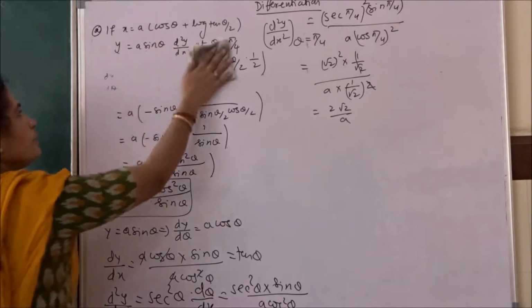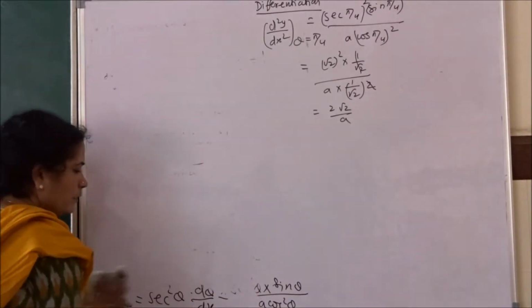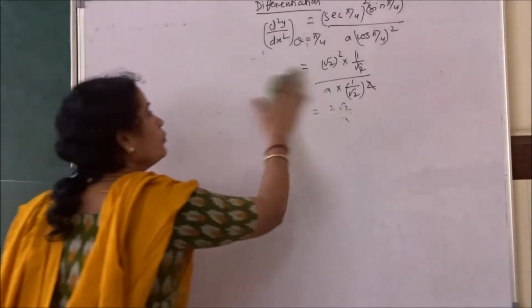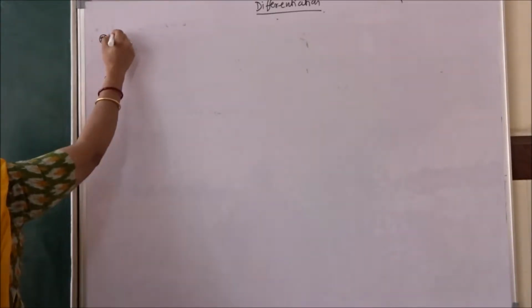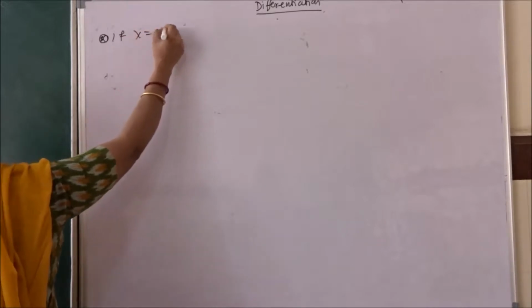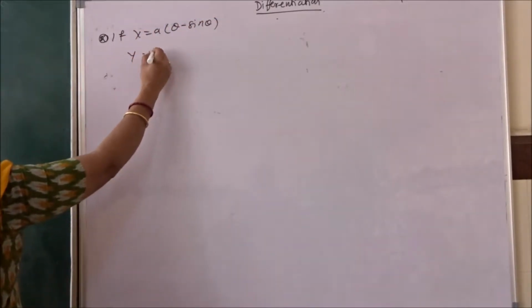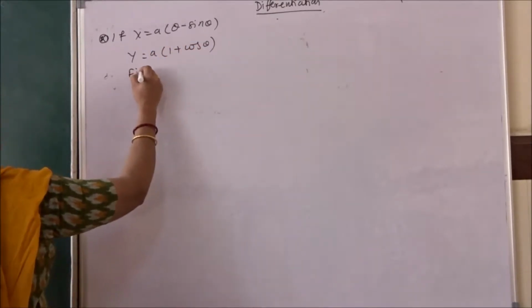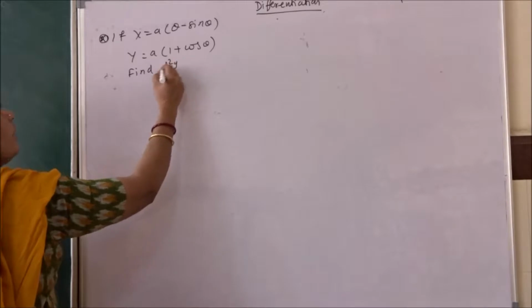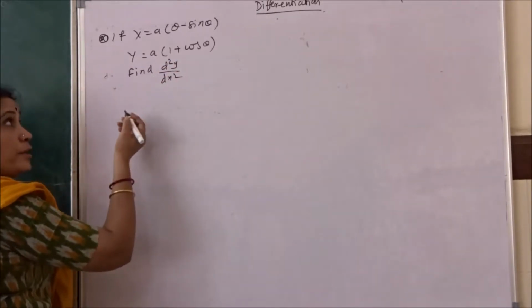Now another question, let me start one more question. I am taking this parametric form: if x is equal to a into theta minus sin theta and y equal to a into 1 plus cos theta, find d square y by dx square. Anyhow, first of all you find dy by dx.